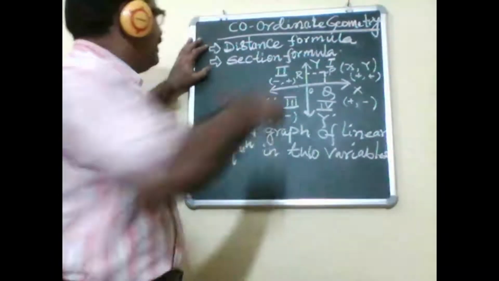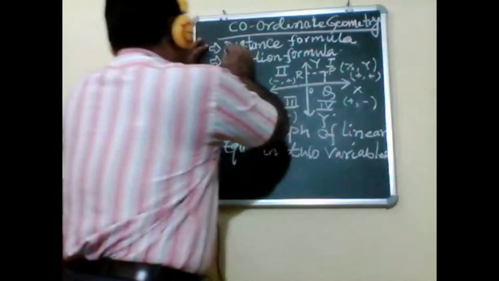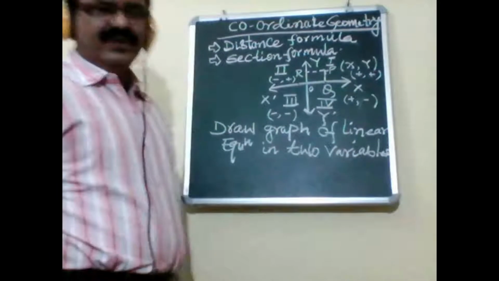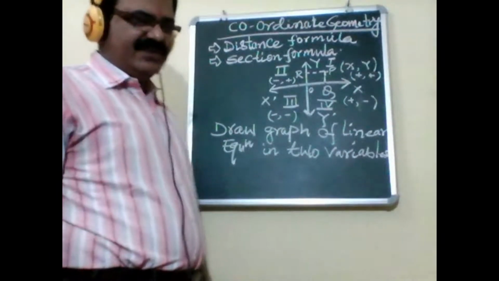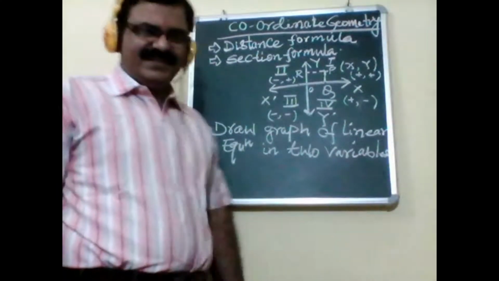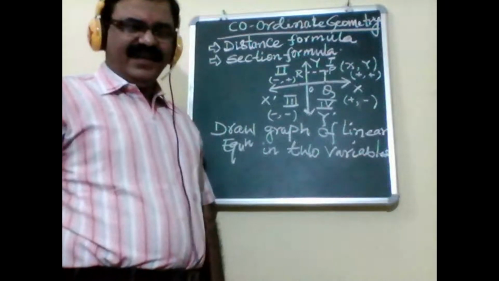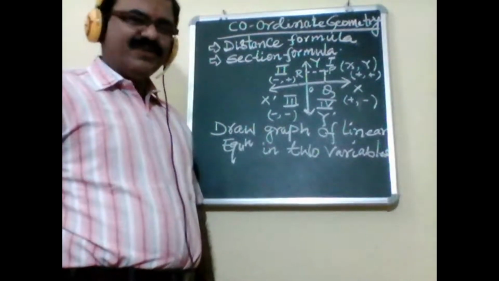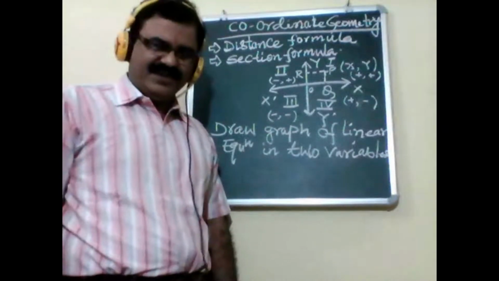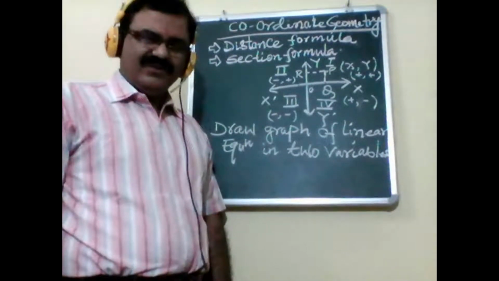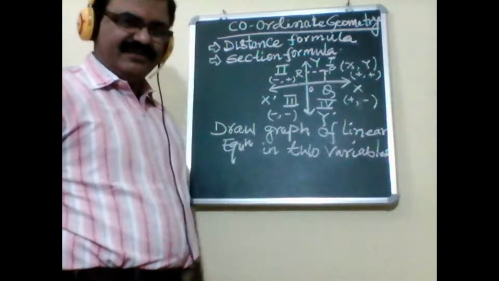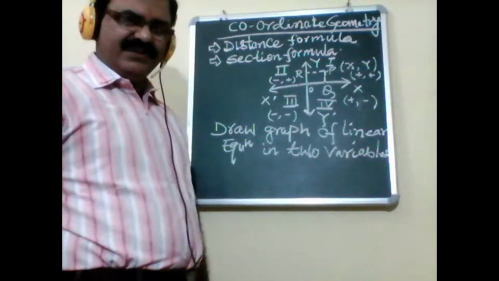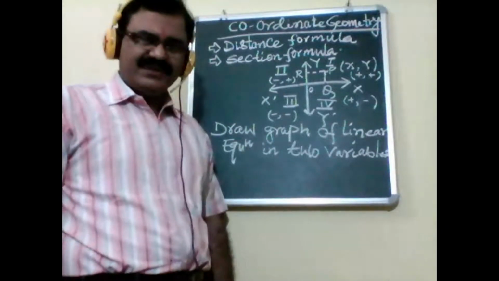First is the distance formula and second is the section formula. These are the two learning outcomes. Friends, I want to convey that in the previous syllabus more topics were given, but for the session 2020-21 it has been reduced.